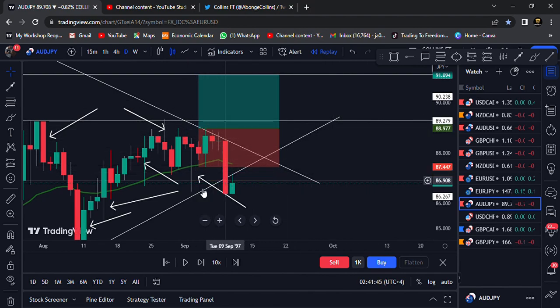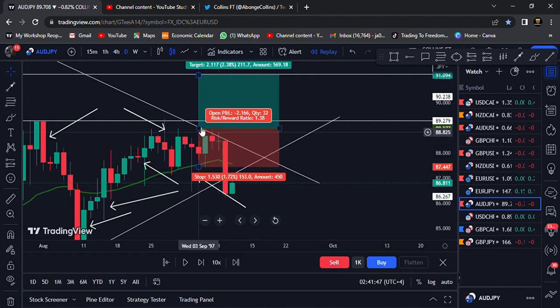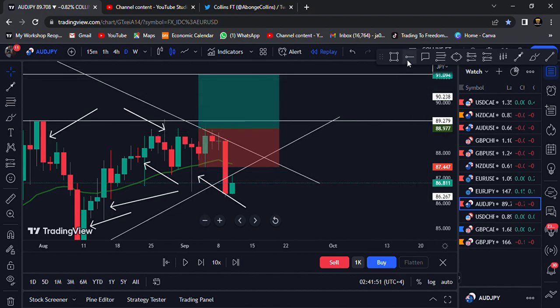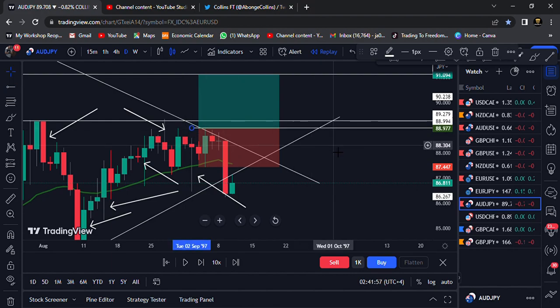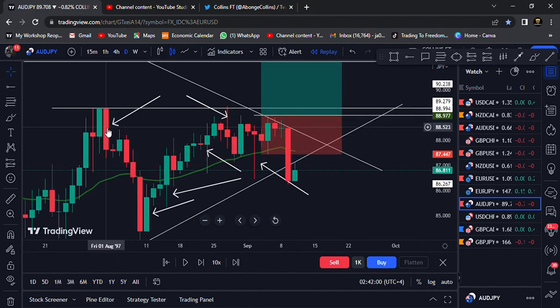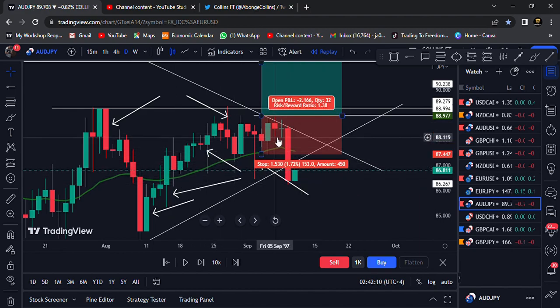So we are not losing anything here because the market didn't trigger yet. As you can see, the market was supposed to trigger here, and I said buy stop because of this one, because this says the market is going down.